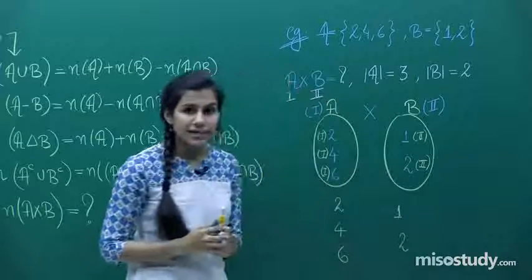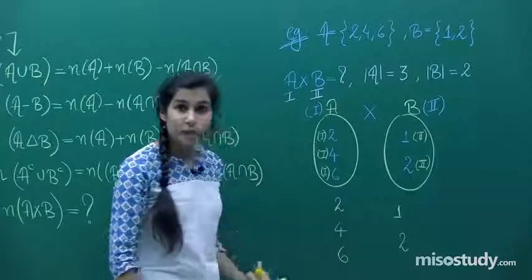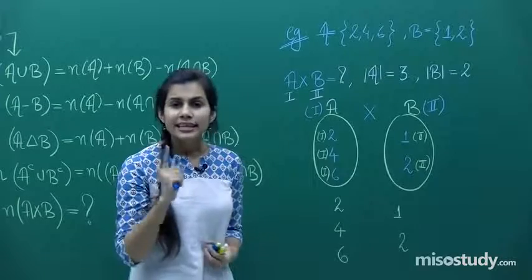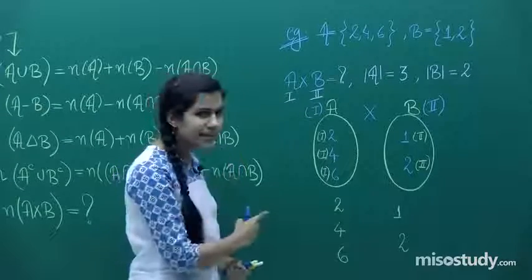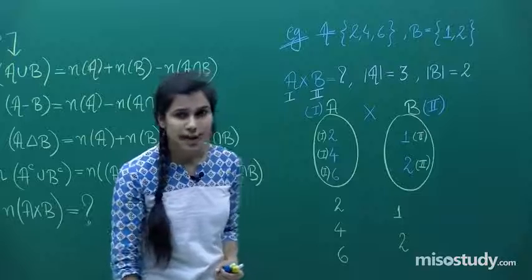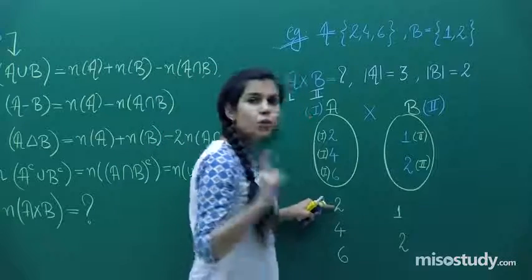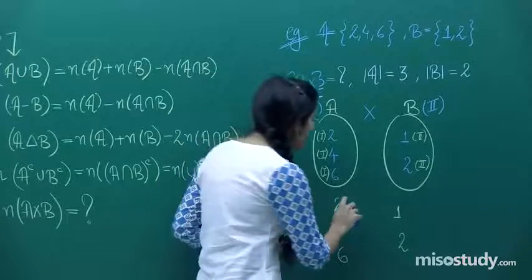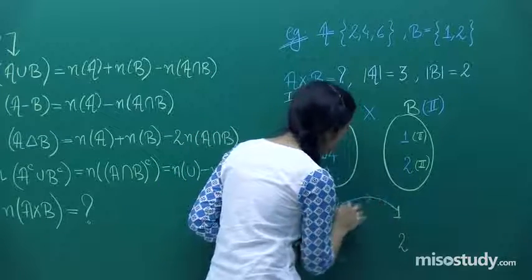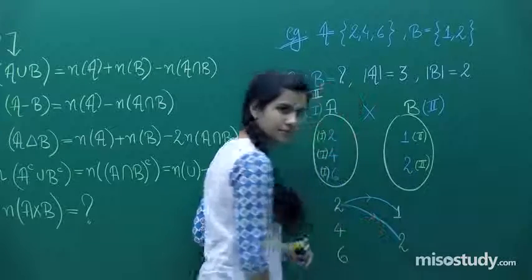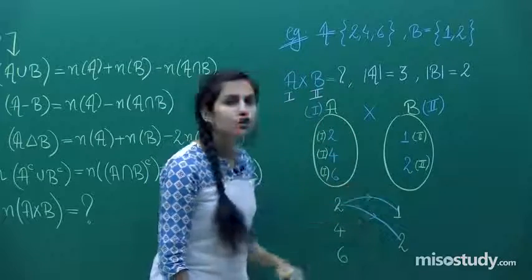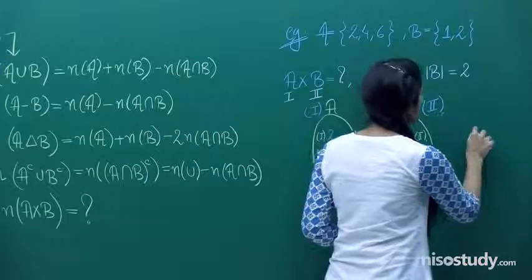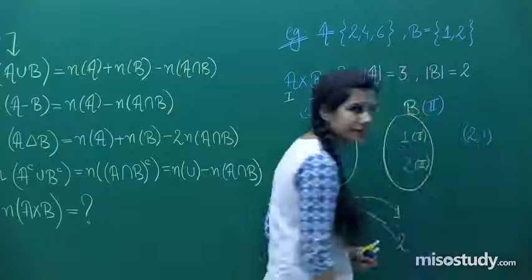Just separately write down the elements of the set A which are first and elements of set B which are second. Now, keep your focus right here as to what I am going to do next. Fix one element of set A. I have fixed 2. Pair it up with every element of set B. The moment you pair 2 with the first element of set B, you get the ordered pair 2, 1.